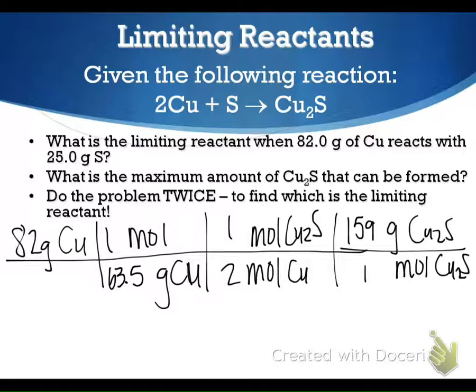From copper. Okay, so this gives us 102.6 grams of copper sulfide that would be formed if copper was our limiting reactant.